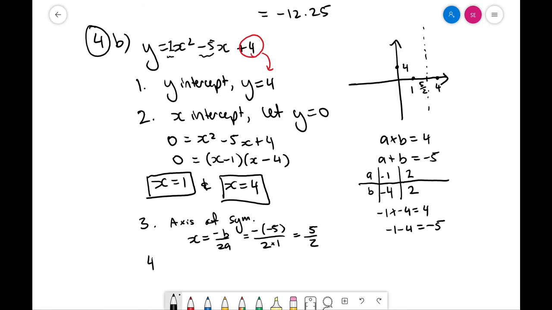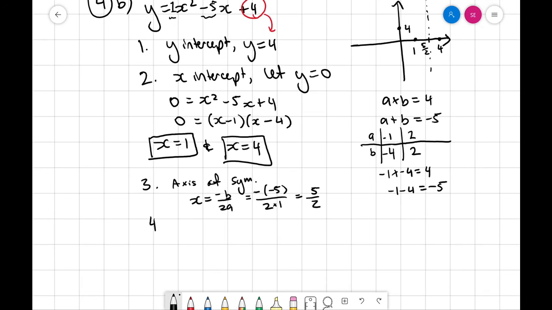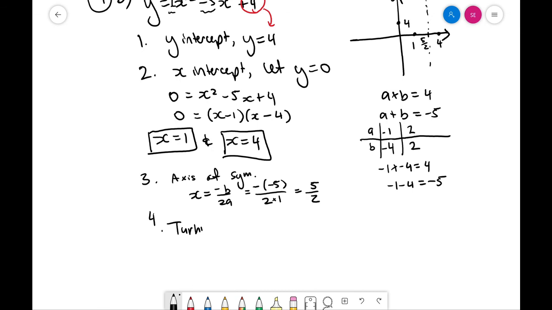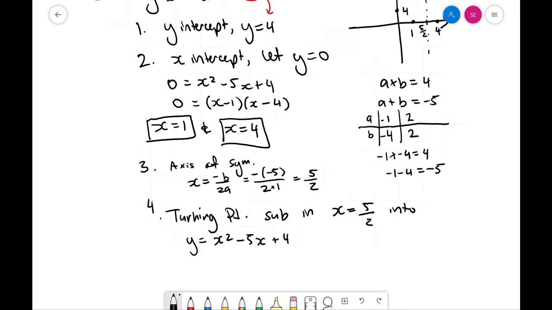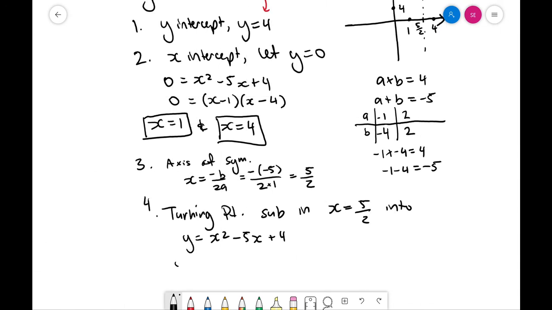And lucky last, we want to find our turning point. So we sub in x is equal to 5 on 2 into our equation, y is equal to x squared minus 5x plus 4. So we'll get y is equal to 5 on 2 squared minus 5 times 5 on 2 plus 4.